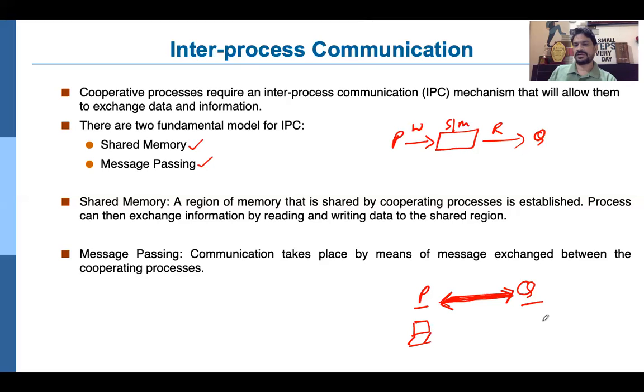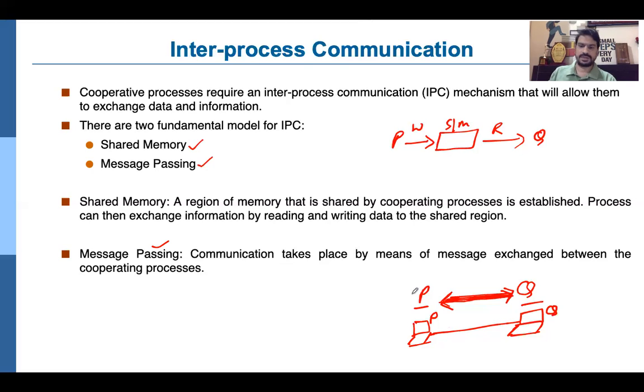So we have two different systems available, and these two systems are connected with some sort of networking technology. There is one process, there is another process, and with the help of this networking communication technology, these two can communicate with each other. That is possible in message passing, where two cooperative processes may not be in the same system, or maybe they are in the same system but they are not sharing resources.